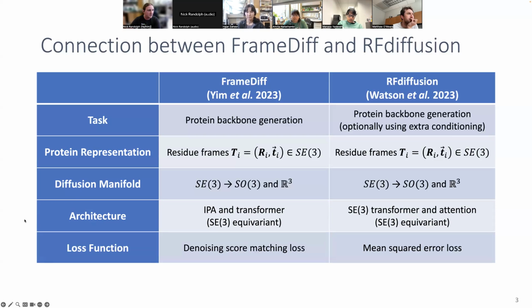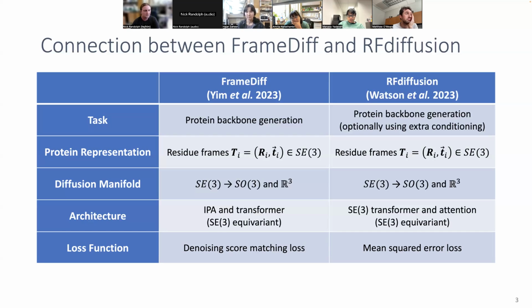One of the main differences, and we'll see this more as we get into the details, is the loss function. So as we built up in frame diff, they use a more theoretical denoising score matching loss. And this is really just trying to match the direction that you need to move in to match the data. However, RF diffusion uses more of a heuristic, and this is based on the mean squared error.